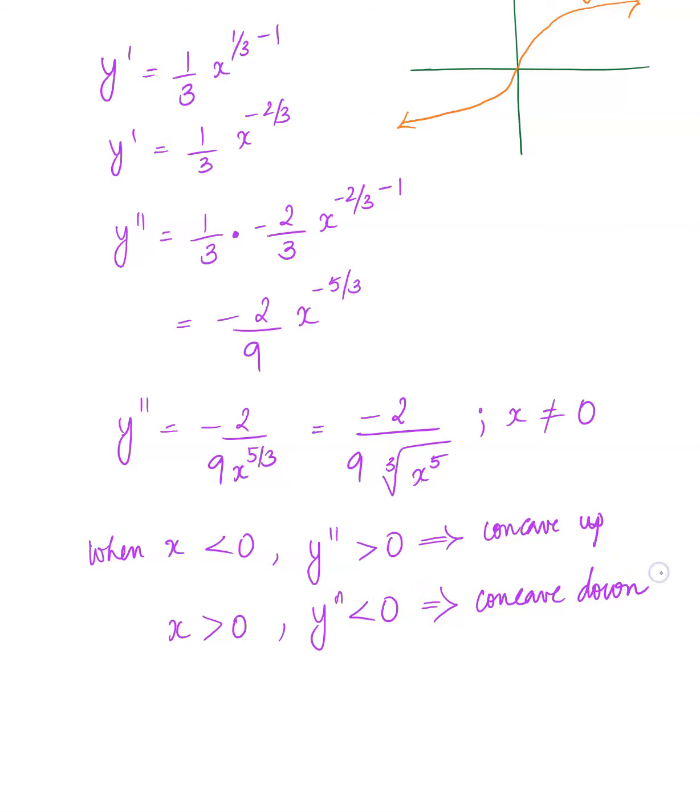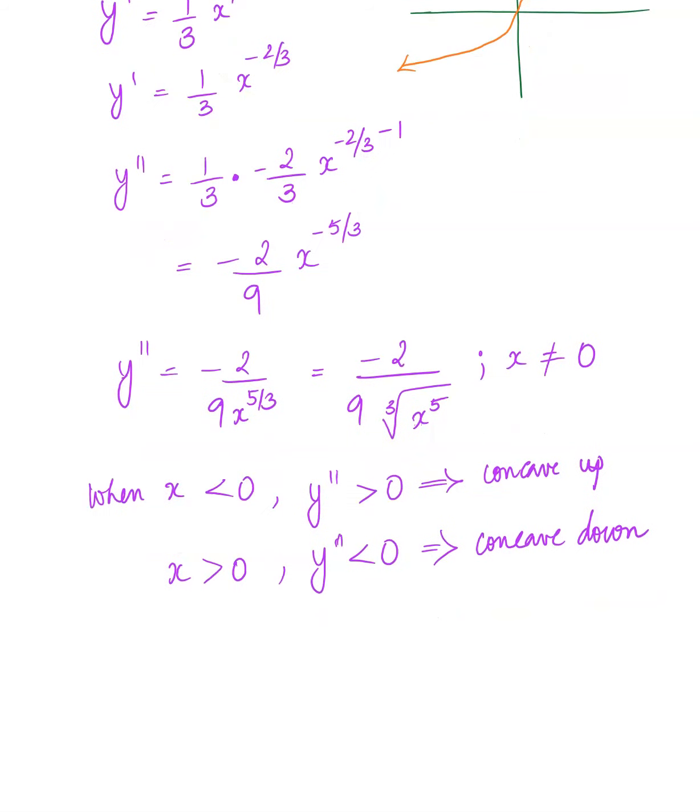So we do see that concavity changes at 0. Y double prime is undefined. I'll just say DNE. Y double prime fails to exist at x equals 0, and the concavity changes.